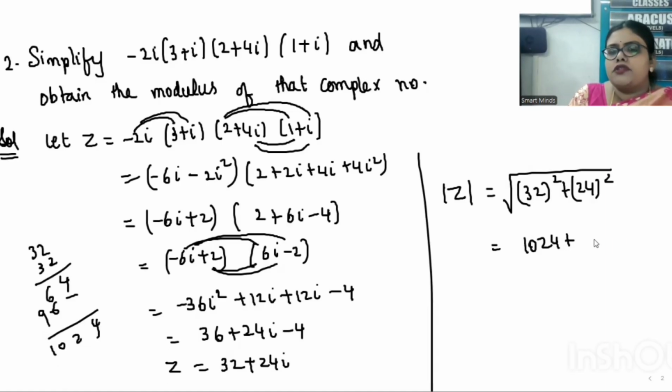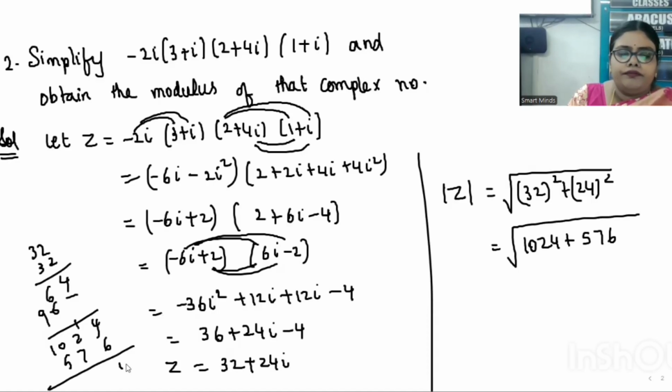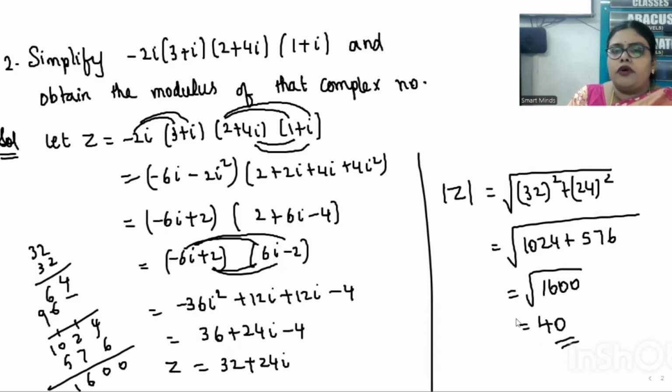And 24 square is 576. If you add this, what do you get? 1600. Root 1600 is 40. So 40 is the answer for this question.